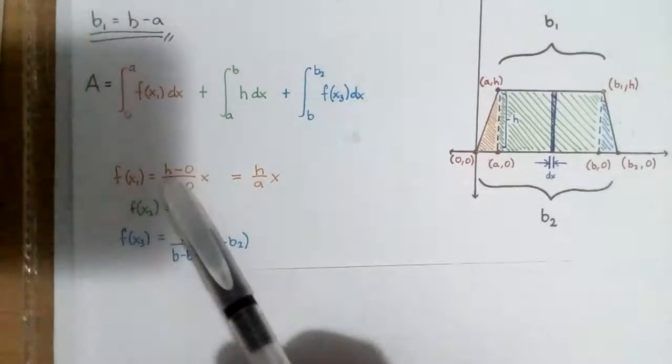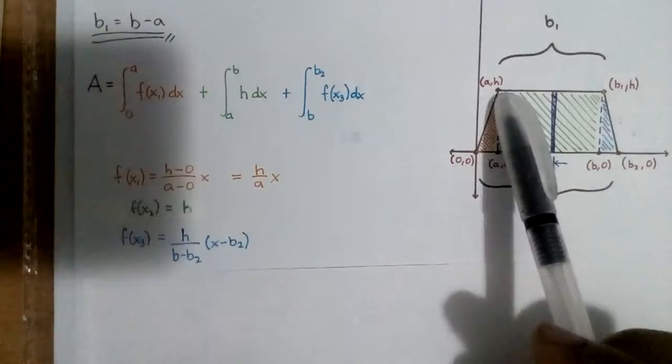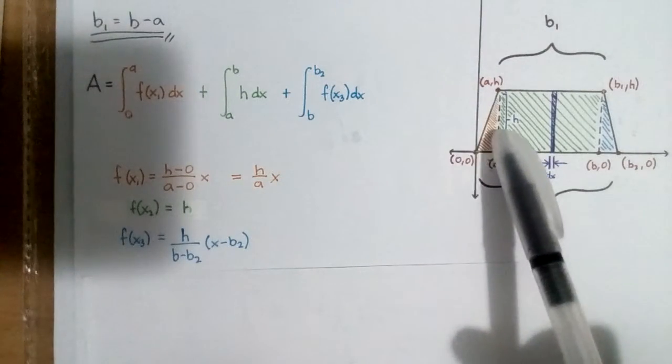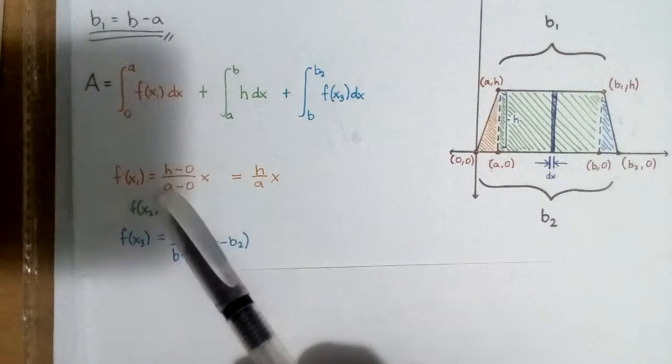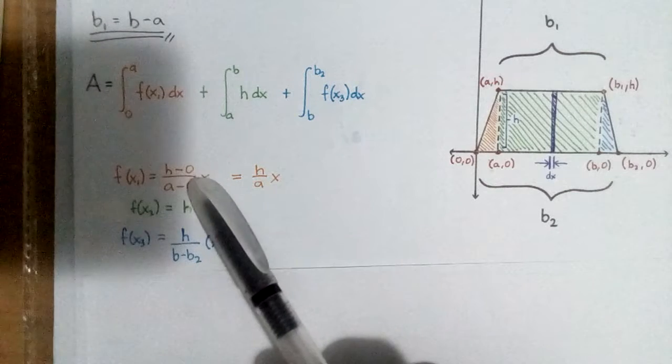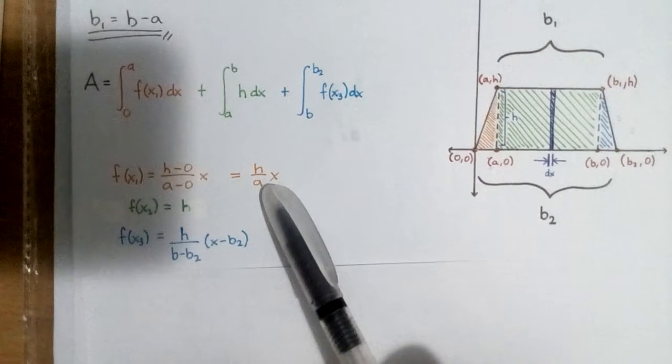So our slope equation is y2 minus y1 over x2 minus x1, so h minus 0 over a minus 0, all times x, is equal to h over a x.